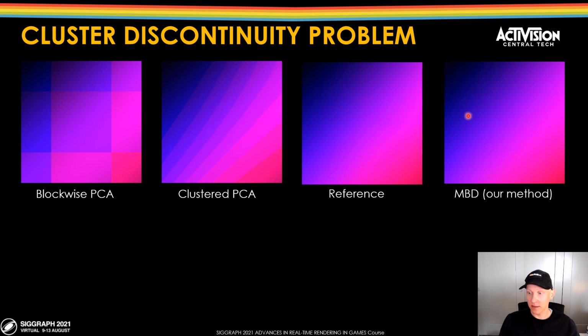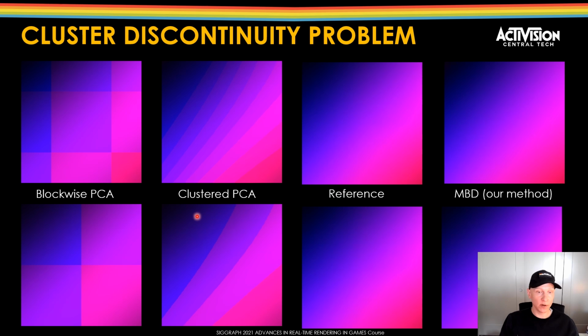And this is the moving basis decomposition solution, and it's virtually the same as the reference one. Now, interestingly, we can cut the number of clusters in half, and you can see the result in blockwise PCA as well as clustered PCA. In contrast, moving basis decomposition remains essentially the same, so it reproduces the reference very closely.